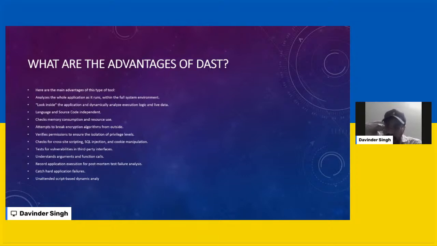We can check the memory consumption, and we can break the encryption algorithms from outside. We can analyze the packets and see whether the data transfer is actually going in encrypted format or not, or if it is encrypted, whether we can break the encryption algorithm and try to decrypt it.